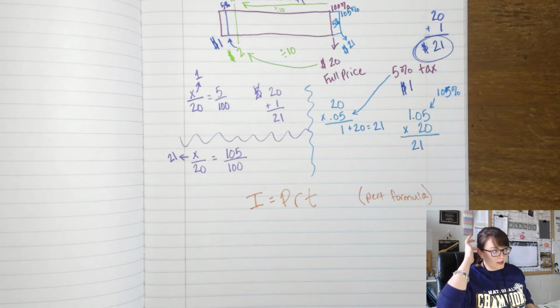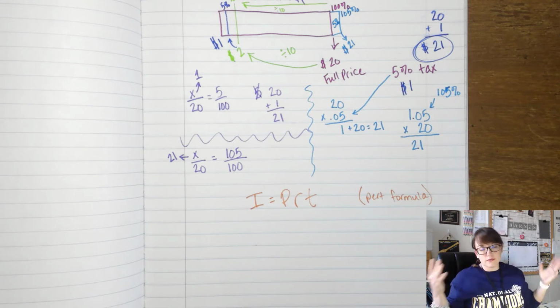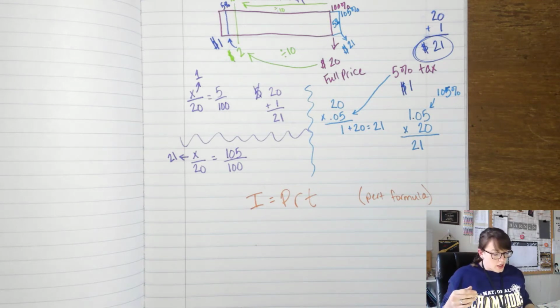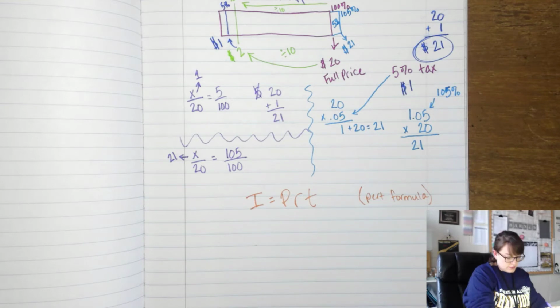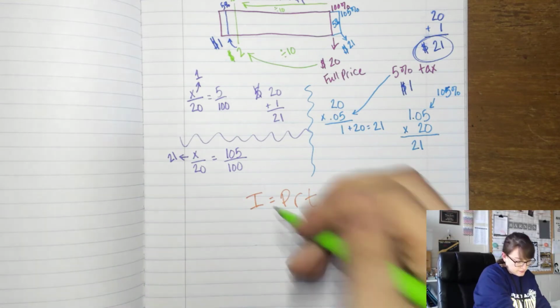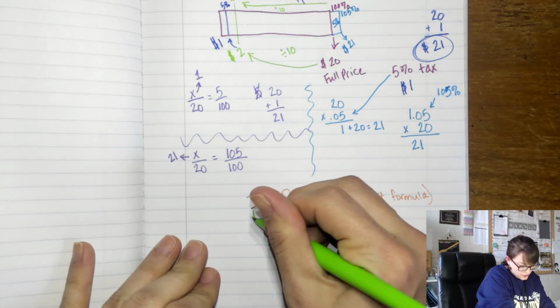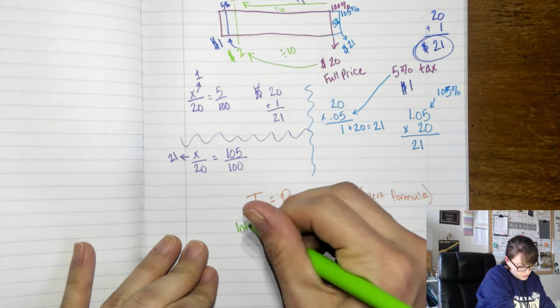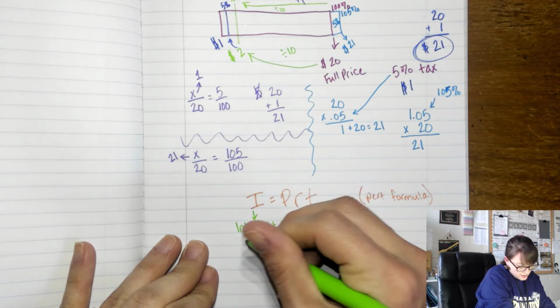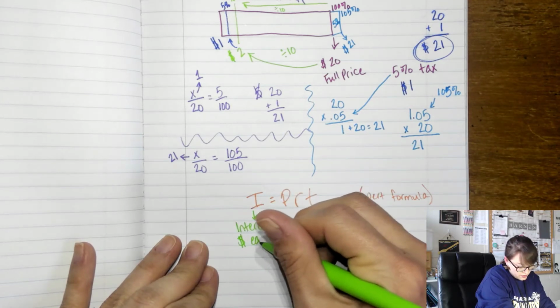When I put money in the bank, I earn money. Sort of. So the interest is the money earned. Interest is money earned. I stands for interest.